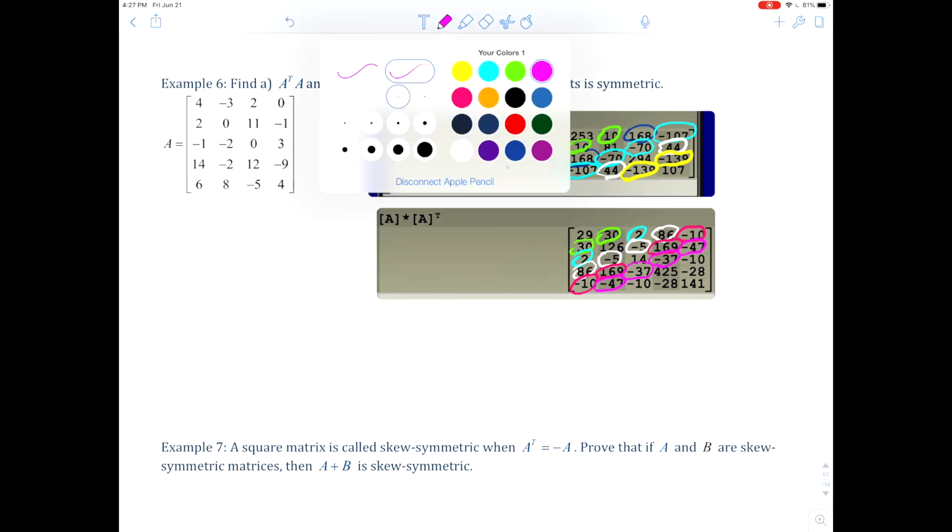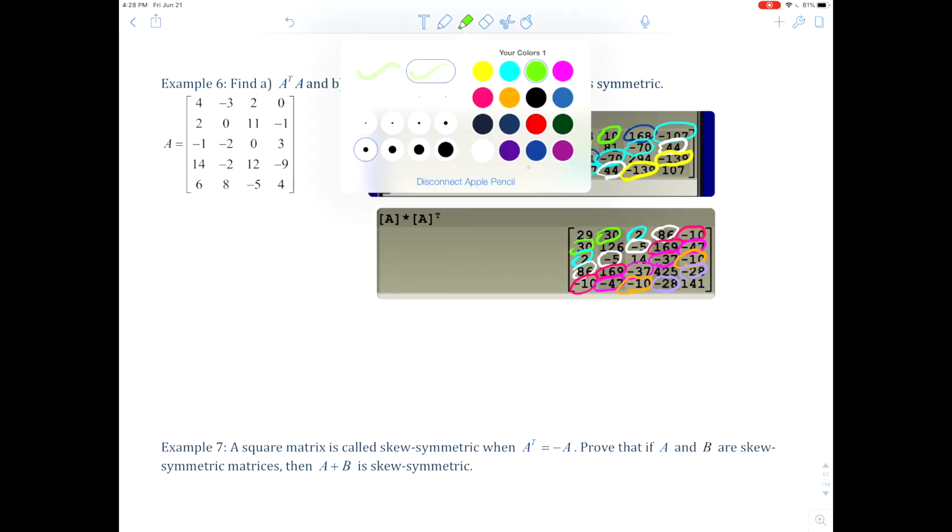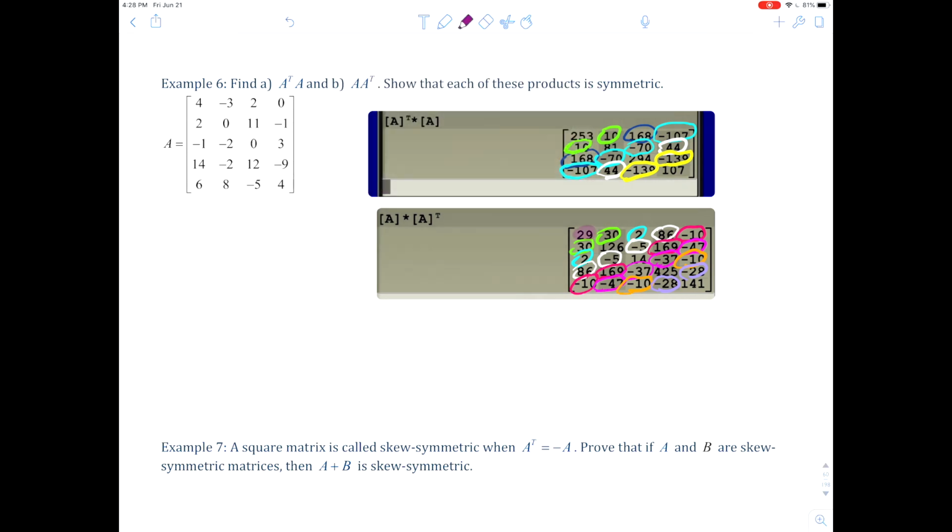Running out of colors here. -10 and -10, -28 and -28. And the ones that are left are along the diagonal, right? So your diagonal entries are these here that I'm highlighting.